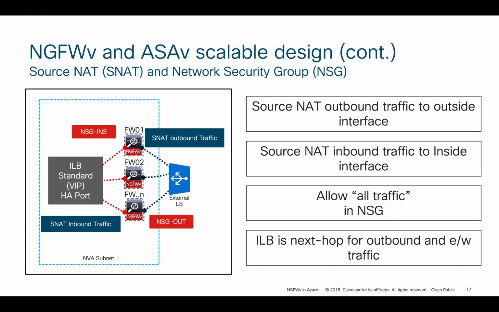So if you are using the load balancer sandwich design with standard IPs and a standard load balancer, ensure that you have an NSG applied to all interfaces. In this example, I have an NSG applied to the inside interface and an NSG applied to the outside interface, and I'm allowing all the traffic in the NSG and controlling everything from my next generation firewall. I can allow traffic in the NSG and then on the next generation firewall as well, but that will not give me complete visibility.